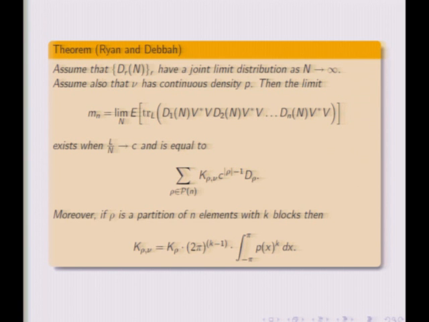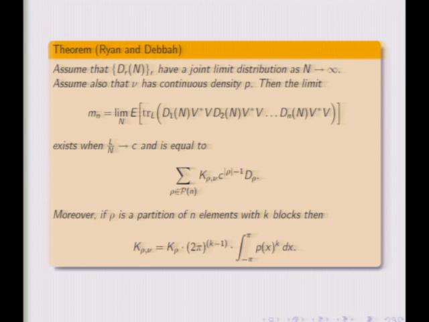And again, if we take C here, and we take a distribution nu, then this limit is given here by the classical cumulants. So it's just as I described. If we set C to be 1, D is just going to be 1 as well here, then all we're going to do is sum up the classical cumulants. Now, another thing Ryan and Deborah showed in their paper is, let's suppose that we start with the uniform distribution, and we work out all these cumulants here for our limiting eigenvalue distribution for the Vandermonde, and we do it for the uniform.